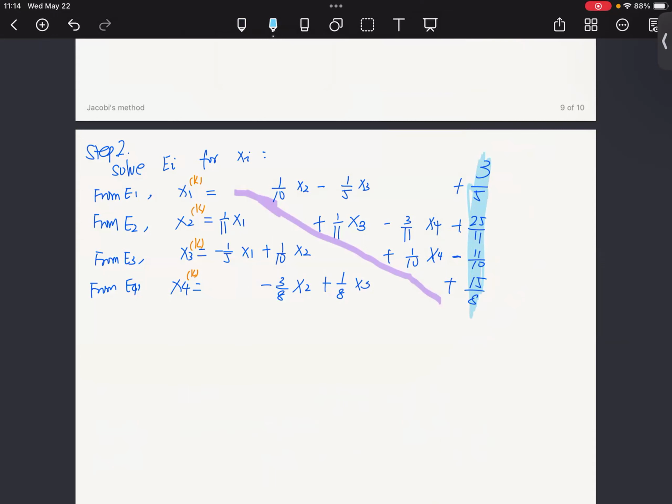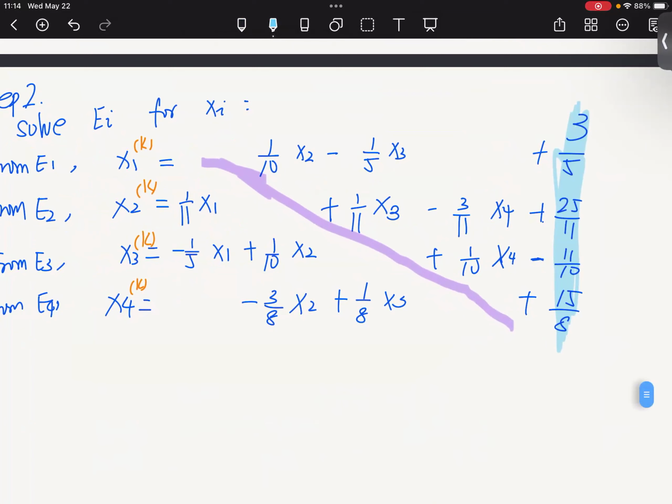Below the diagonal, we give the superscript k here, here, here, and here. Above the diagonal, we give k minus 1, k minus 1, k minus 1. All of these are k minus 1, but we don't need to do anything for the constant term. So this is what you want.